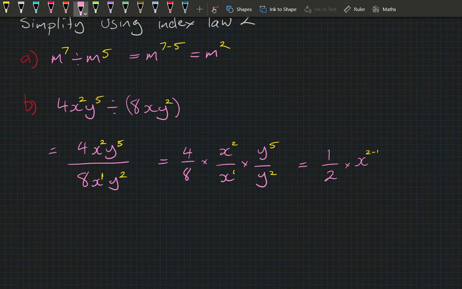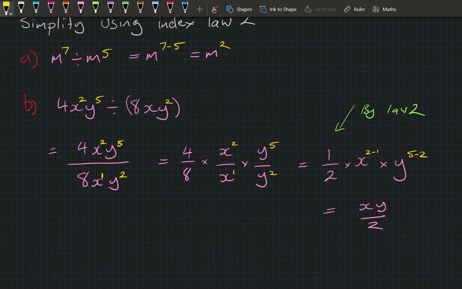And y to the 5 over y squared equals y to the 5 minus 2. And that's all due to the second law. And I'm sure it's not controversial to say that 2 minus 1 is 1, and 5 minus 2 is 3. So that is equal to x to the 1, or x, times y to the 3, all divided by 2.